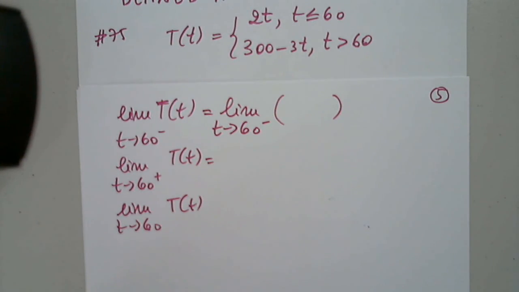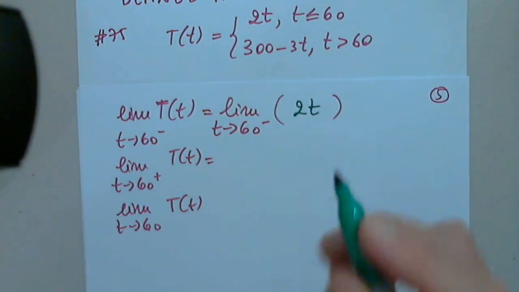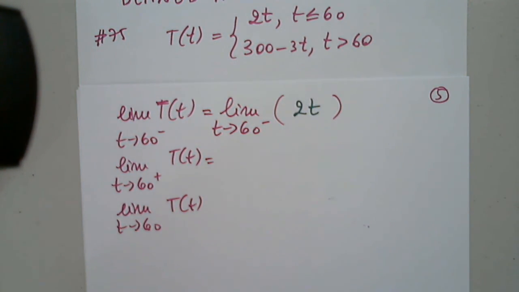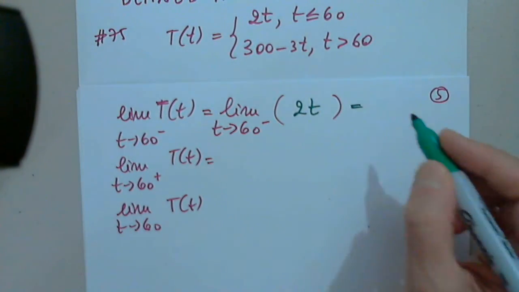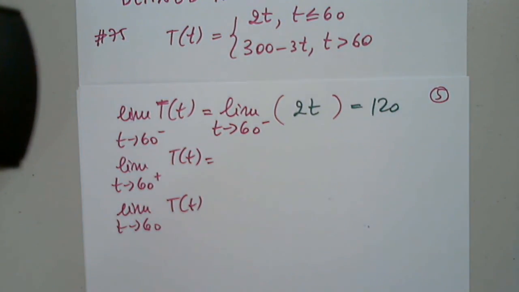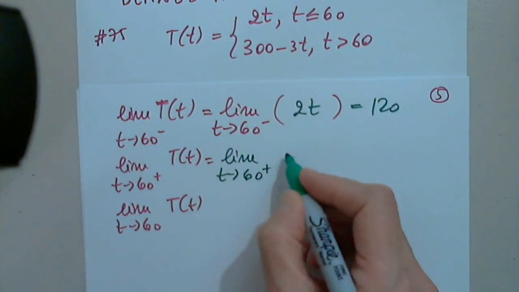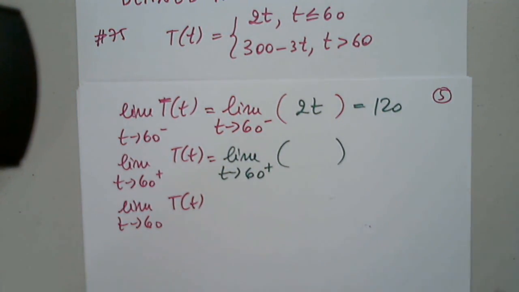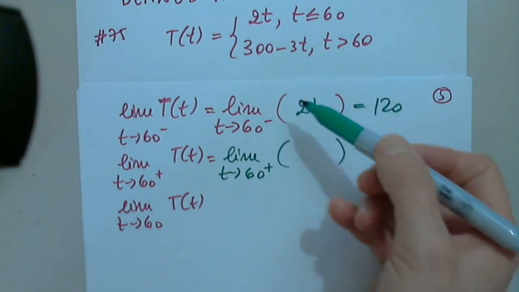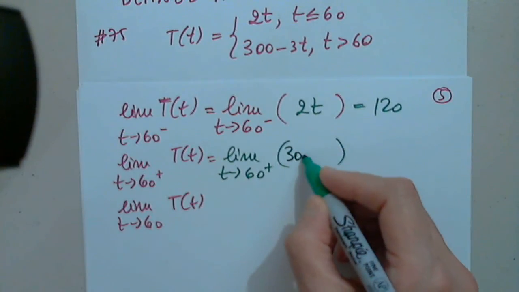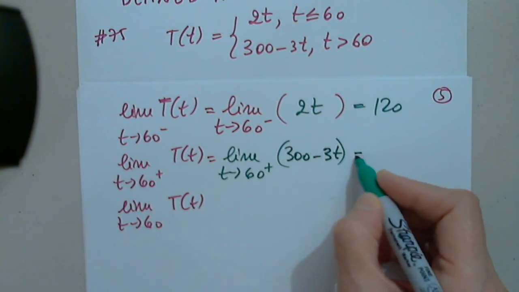Which one? 2t. So then the limit will be 120. Very good. Now the limit as t approaches 60 from the right. It's a silly question. I already used the first one, so this must be the other branch.